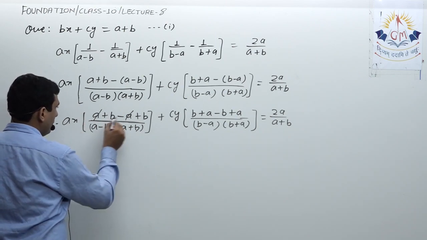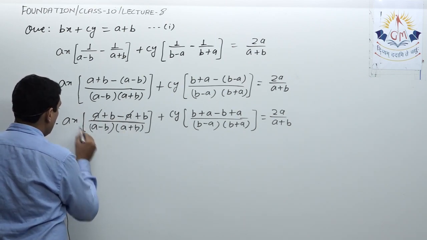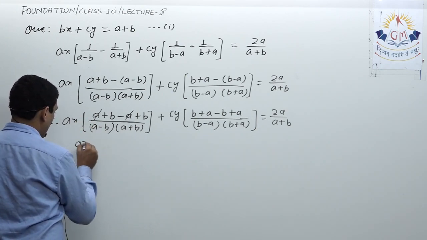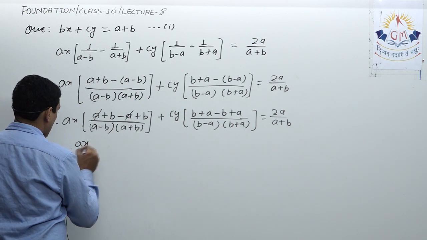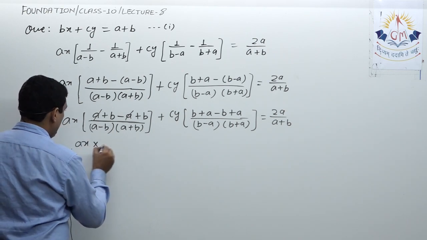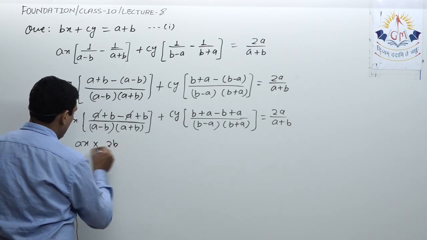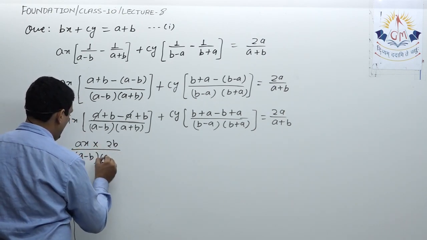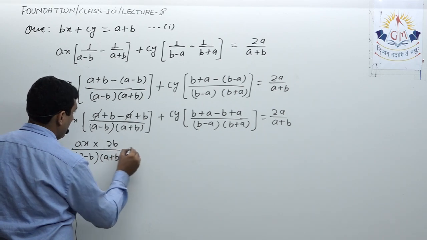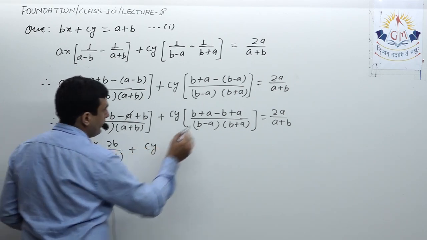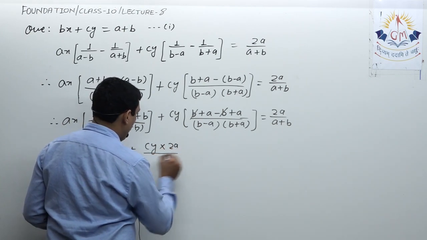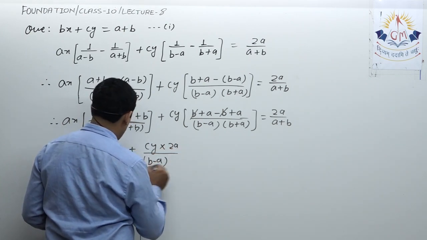So here I can write b plus b, 2b, and this a. So this ax multiplied by 2b upon (a minus b)(a plus b) plus cy, now here minus b plus b cancel, into 2a upon b minus a.